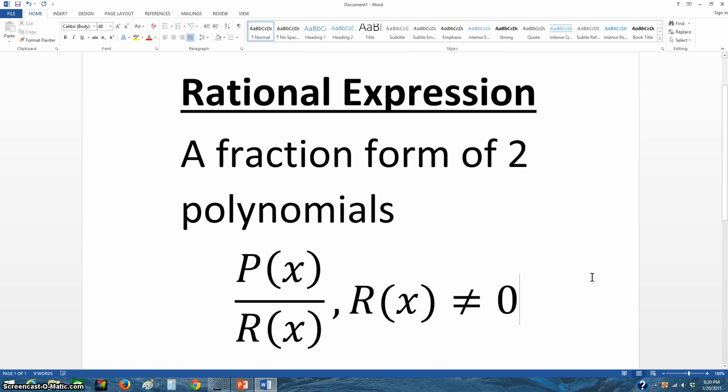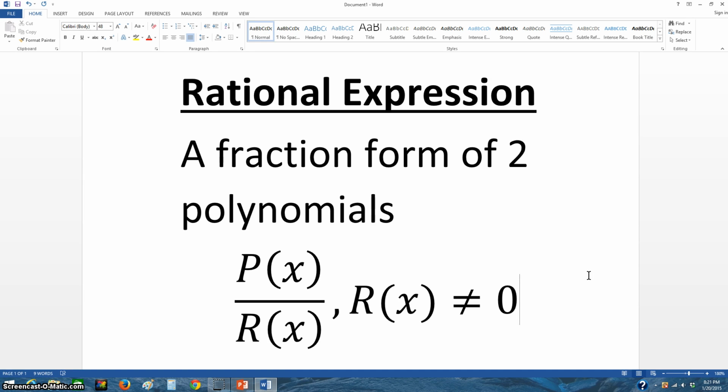So that is one thing about rational expressions that you have to basically keep in mind and learn at least for the rest of your pre-cal and calculus career. A rational expression is basically two polynomials in form of a fraction in which the bottom polynomial cannot be equal to 0. Okay, that is rational expression.